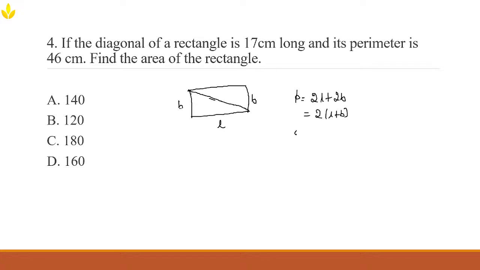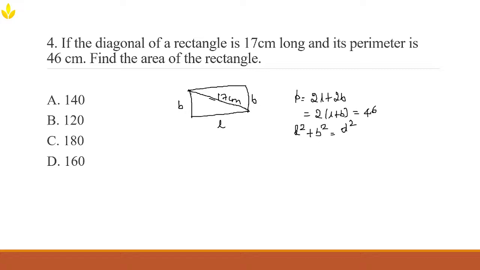Here this is the breadth, and this part becomes the hypotenuse, and using the Pythagoras theorem we can write it as length square plus breadth square equals diagonal square. So the diagonal length is given as 17 centimeters, and the perimeter, which is 2 of length plus breadth, is given as 46 centimeters.